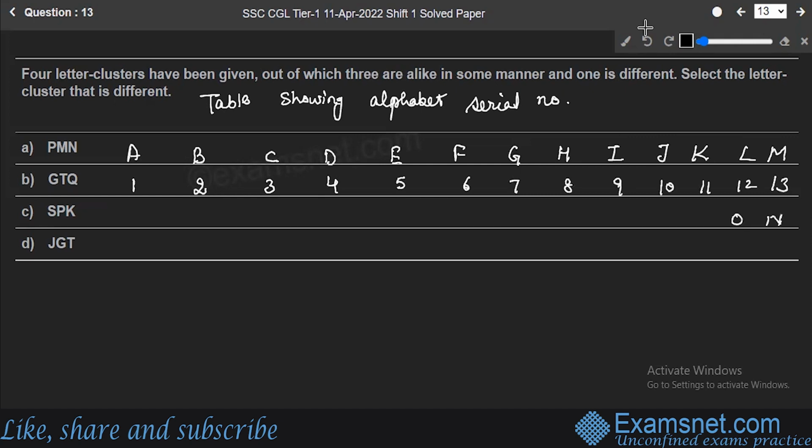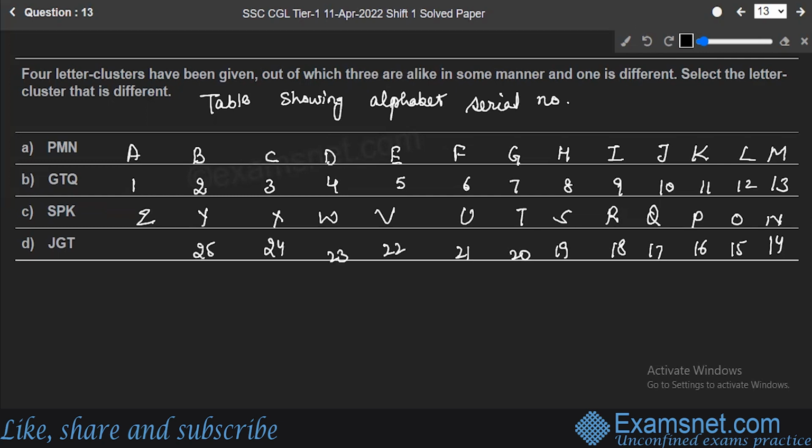Then here is N, O, P, Q, R, S, T, U, V, W, X, Y, and Z. So here is number 14, 15, 16, 17, 18, 19, 20, 21, 22, 23, 24, 25, and 26. These are the numbers.